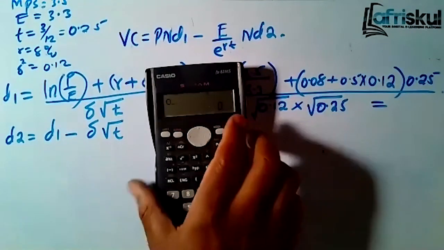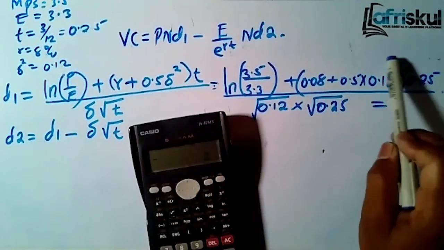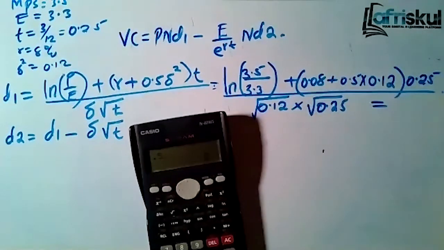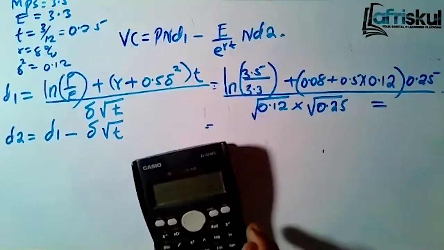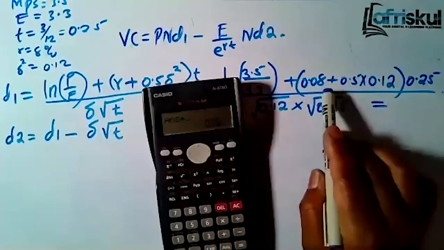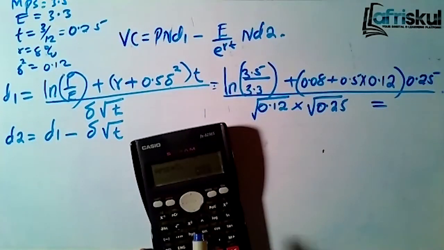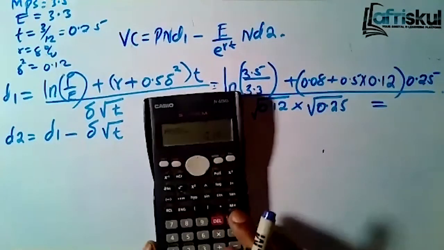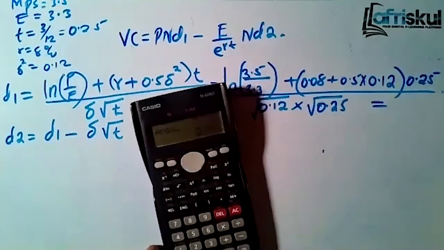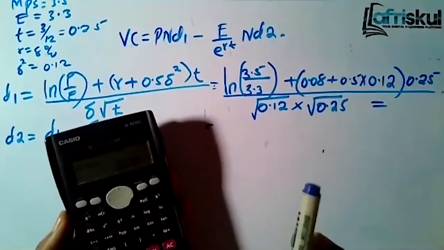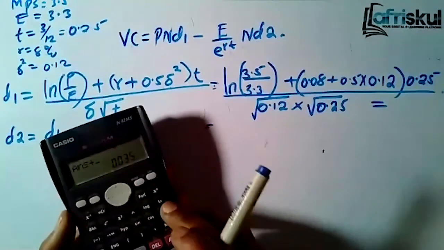So this is how we compute. First of all, you apply the rules of BODMAS. In this case, you take 0.5, you multiply by 0.12, then you add 0.08, then you multiply by 0.25, then you add the natural log.